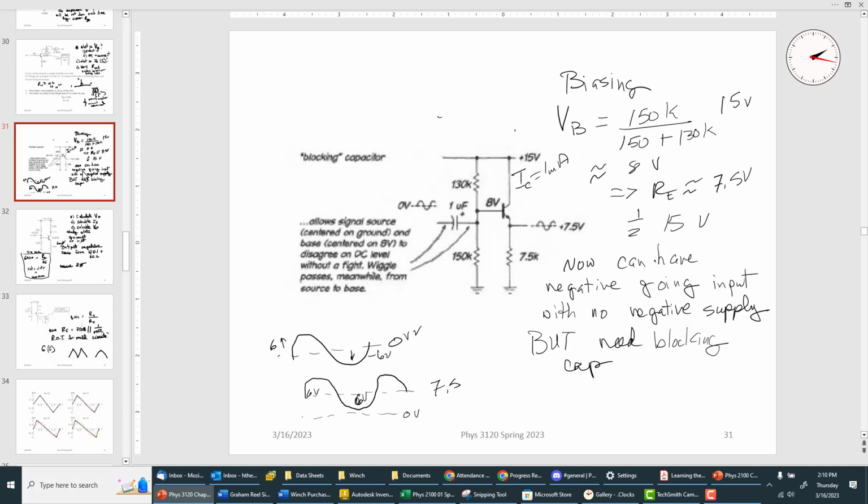So that has to do with the input Z that's created by the bias network, and of course the transistor itself. And you know something about that from 4W1 and 4W2, which we'll go over on Tuesday. Right now, the idea is just to calculate it, measure it.